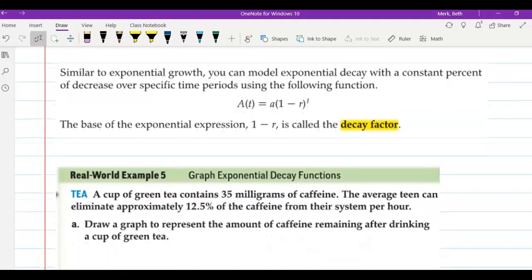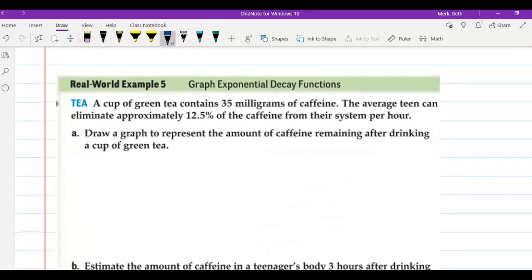And again, if we have a growth factor, we can also have a decay factor. If you multiply repeatedly by something smaller than 1, and I know this is going to be smaller than 1 because if I take 1 and take away the rate, it's lower than 1. Like in this example here, we have a cup of green tea. Start with our original function. Oops. Now we're decaying, so it's going to subtract the rate.